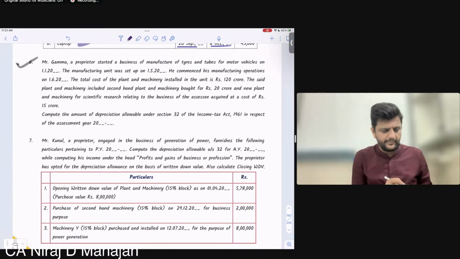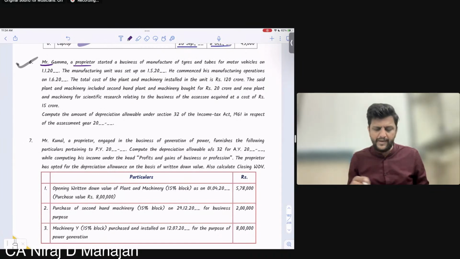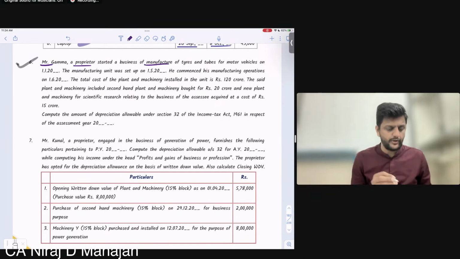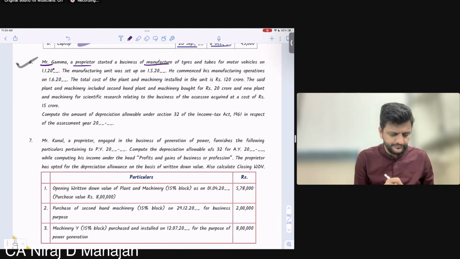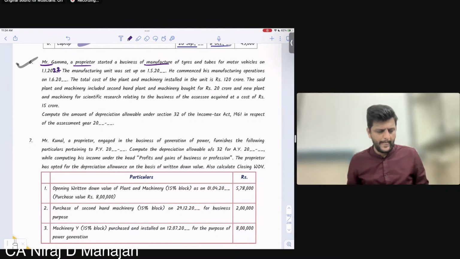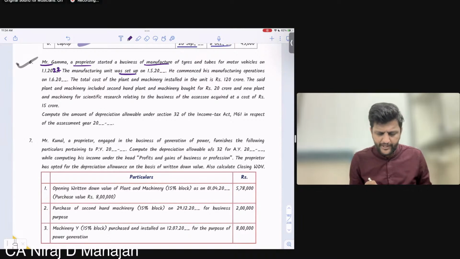Mr. Gamma, an individual, a proprietor, started a business of manufacturing of tires and tubes for motor vehicles on 1/1/22. The manufacturing unit was set up on 1/5/22. He commenced his manufacturing operations on 1/6/22, next month.